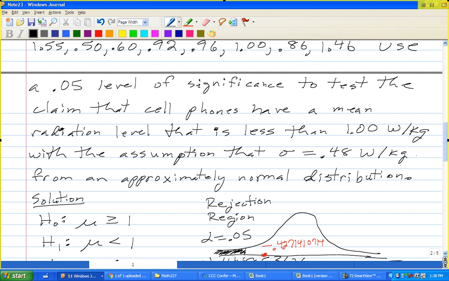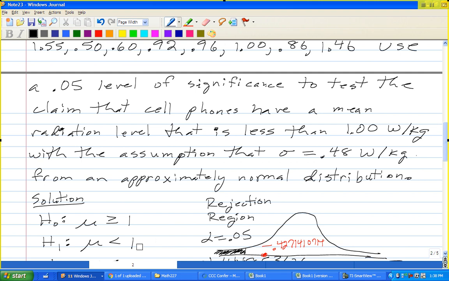They're asking us to test the claim that cell phones have a mean radiation level that's less than 1. Notice that we did not reject the null hypothesis, which meant we rejected the alternative. But the alternative says less than, which is our claim. So we actually rejected the claim.